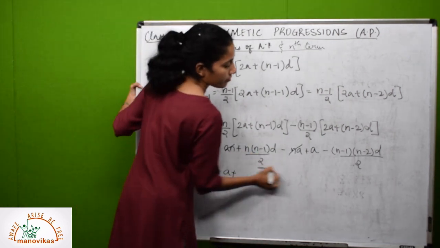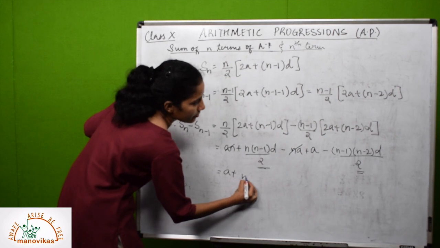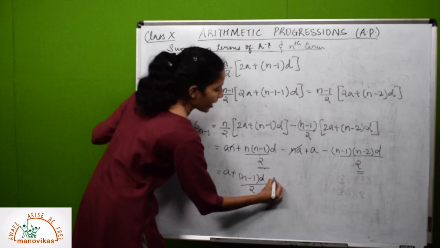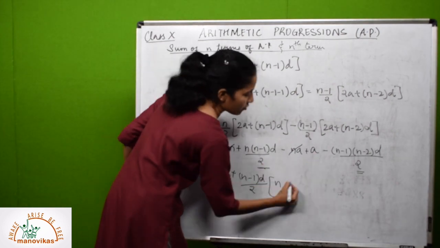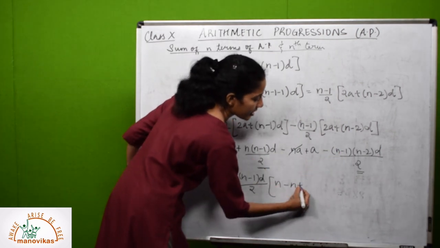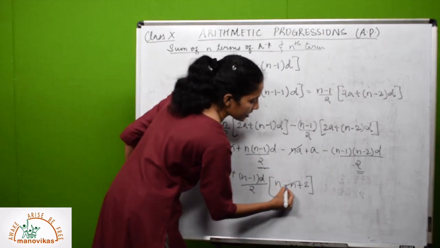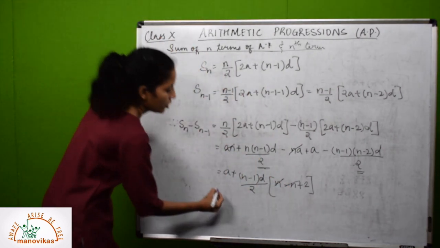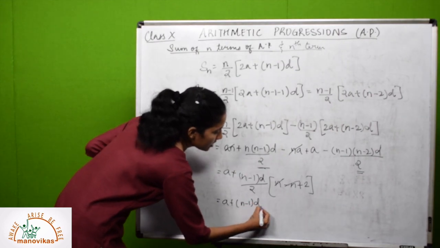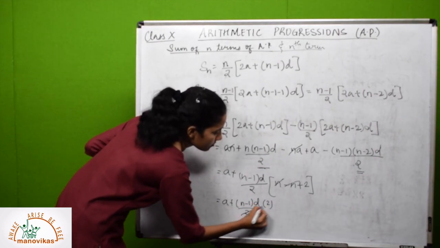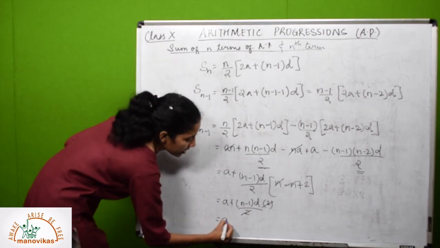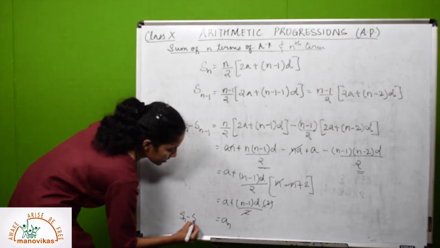From these two I will take n minus 1 times d divided by 2 common. So I have n, and from here I will have n minus 2. When I multiply the negative sign inside, I have plus 2. The negative n and the positive n cancel to give you a plus n minus 1 times d into 2 divided by 2. So this is nothing but the formula for the nth term. So you have an, which is Sn minus Sn minus 1.